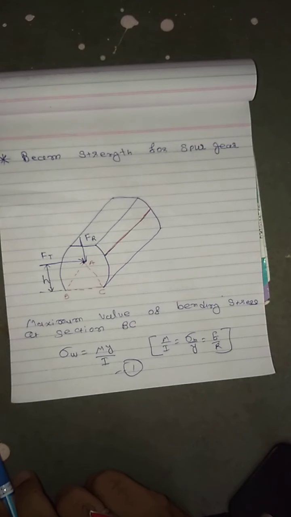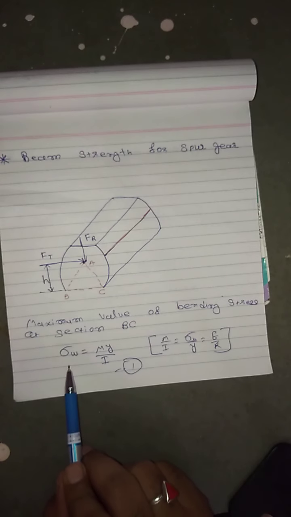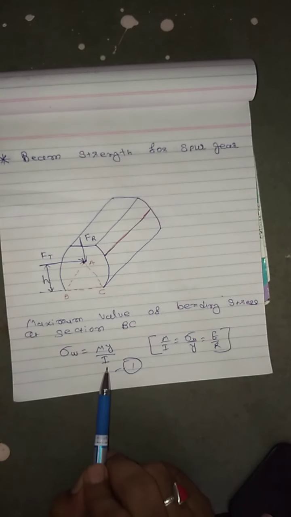In a cantilever beam, we studied that the maximum stress acts at the joint or bottom of the cantilever beam. So the maximum value of bending stress at that point is sigma b is equal to M upon I.